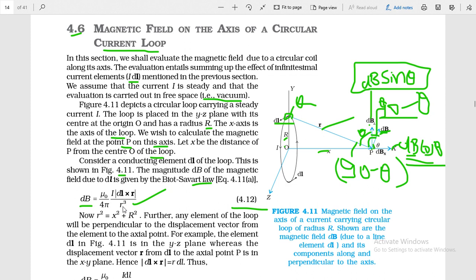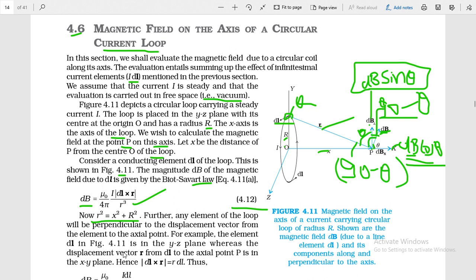Now from this diagram you can see that r is equal to the square root of capital R square plus x square, by using the Pythagoras theorem. Further, any element of the loop will be perpendicular to the displacement vector from the element to the axial point.